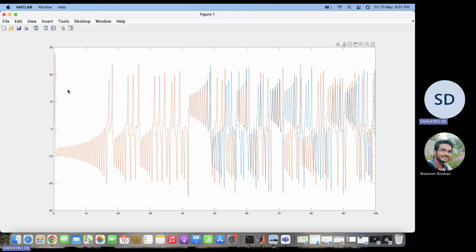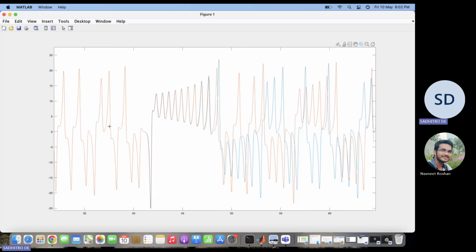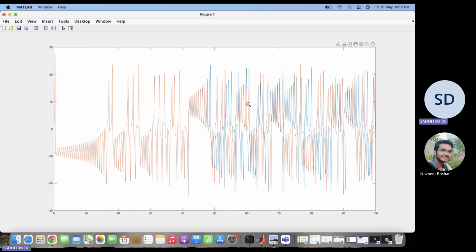If you look at this plot, you will see that both the time series initially overlap completely, okay? And the overlap is very good up to a certain point, around this point. Beyond this point, the two time series begin to deviate drastically from each other, right? If I zoom into this point, you will see that they're overlapping over here and then they start deviating from each other. And at large times, they are not even close to each other.